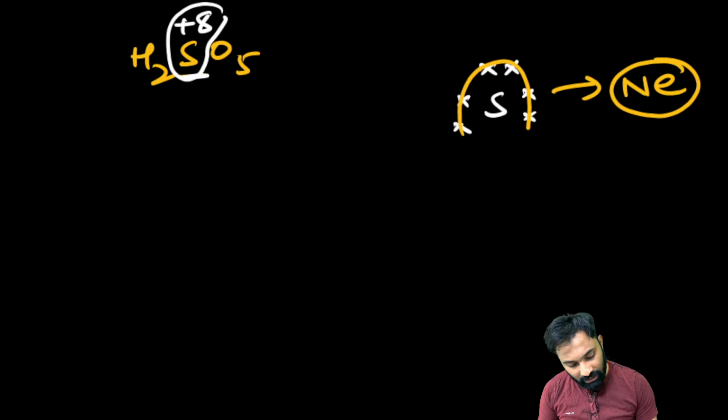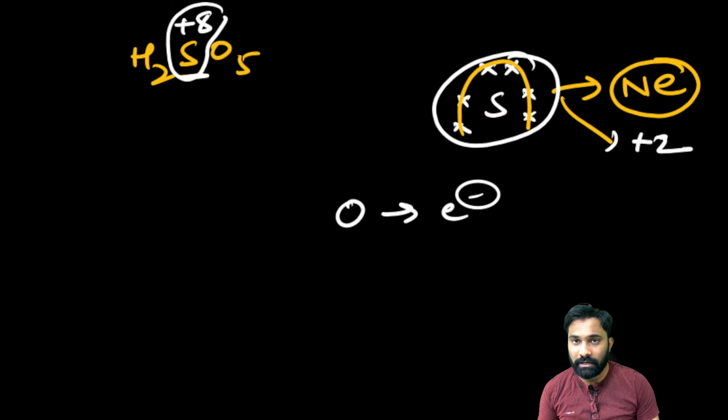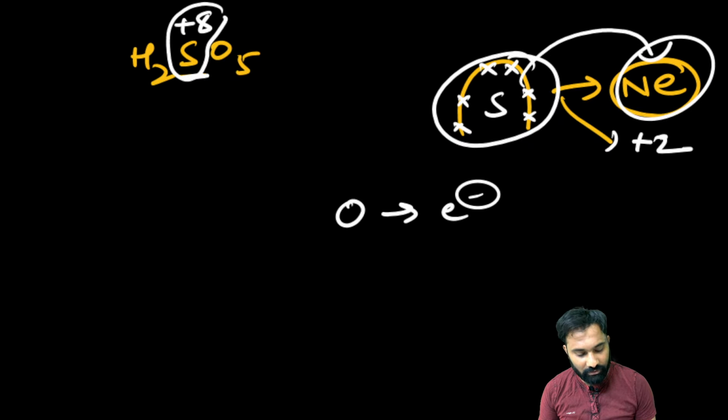After reaching the neon configuration, if it loses 2 more electrons, meaning the sulfur is losing 8 electrons, it will reach the oxygen electronic configuration. But every atom wants to attain the noble gas electronic configuration. Once it attains the noble gas configuration, it will not readily lose its electrons, right? Then how will the sulfur show the plus 8 oxidation state?